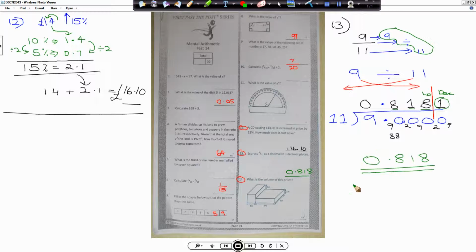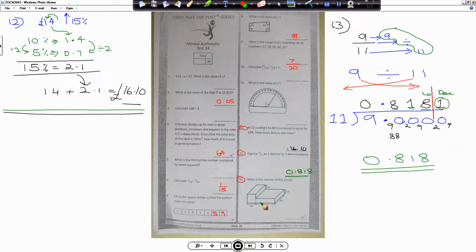I had to take a bit more space with question number 13. Okay. Question number 14, the last one on this page. What is the volume of this prism? In order for us to work out the volume of this prism, we need to work out the volume of this section here and that section there and add them up.